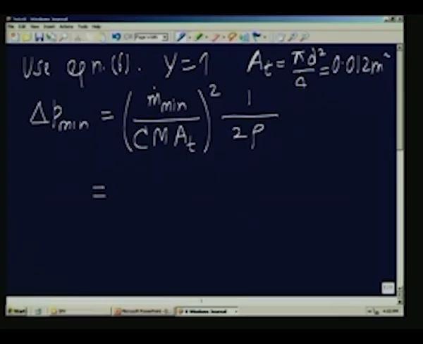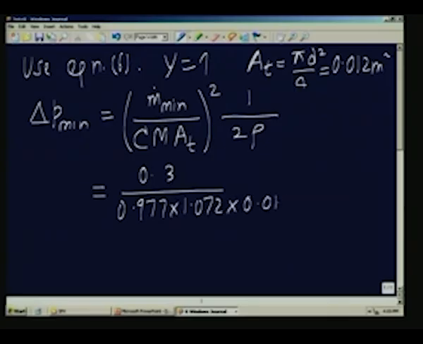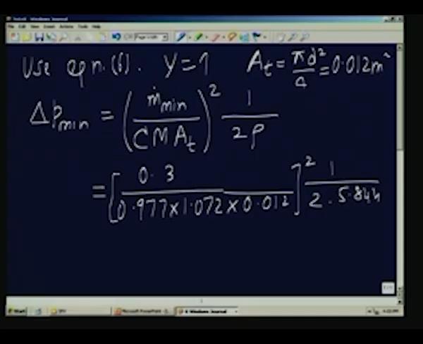So this will be 0.3 divided by C is 0.977, 1.072 into 0.012, whole squared, 1 over 2 into 5.844, that is the density, and this will be in so many pascals, and the value comes out to be 47.4 pascals.